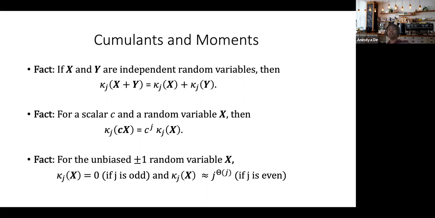But the jth moment, when j is even, grows like j to the theta j, so it grows like j factorial. So even though cumulants are very related to moments, the coefficients to go from cumulants to moments can be big, and it's not obvious how cumulants behave. But they satisfy these two nice properties, which is what we are going to use.